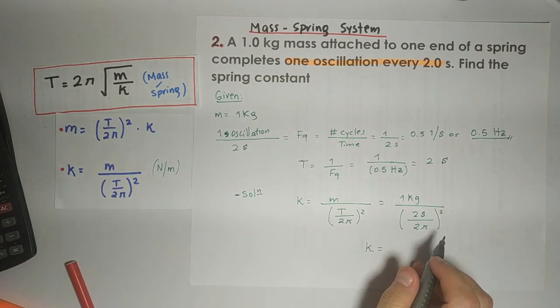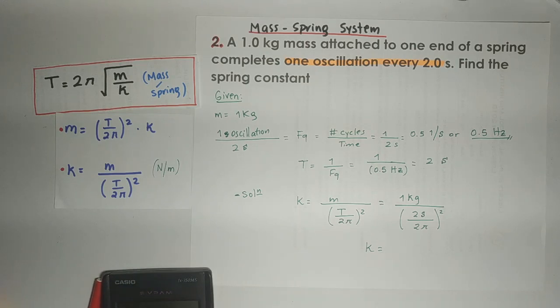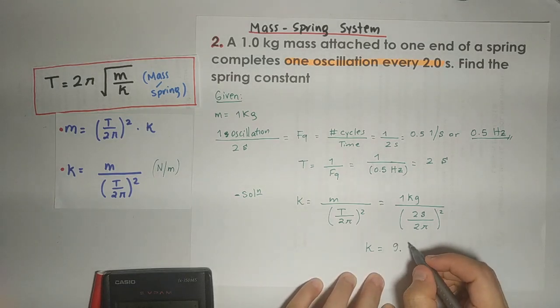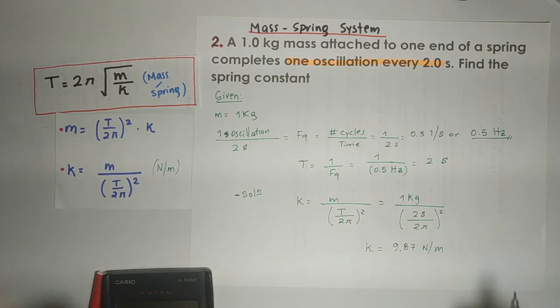Spring constant is equal to, let's see, 2 divided by 2 pi to the second power, 1 divided by my answer gave me 9.87 Newton over meter. And voila.